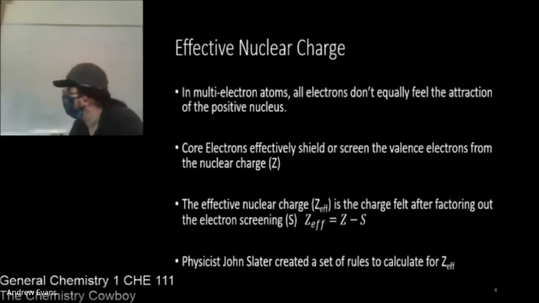And these layers of charge will actually shield other layers. Each outer layer is going to be shielded by the layers before it. In the case of lithium, it has 3 electrons, and 2 electrons in the core are going to shield the outer electron.